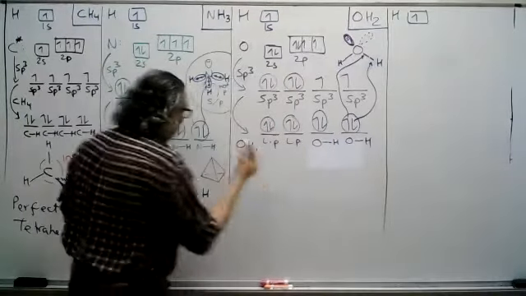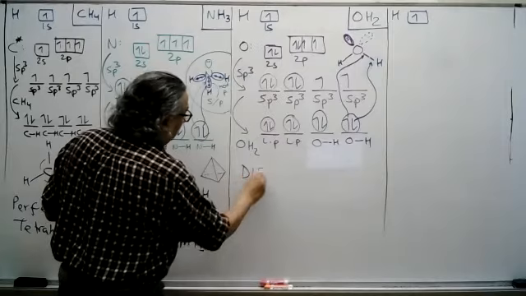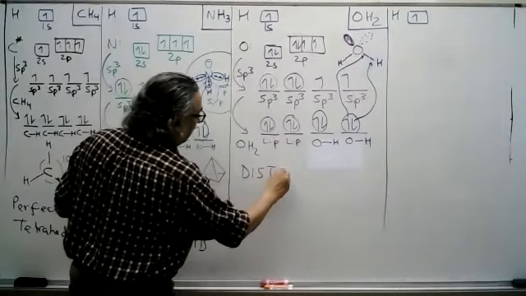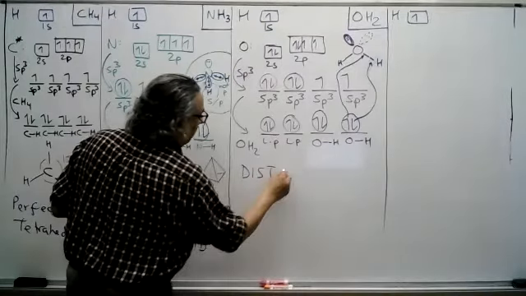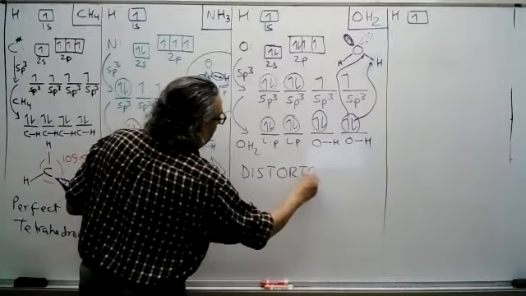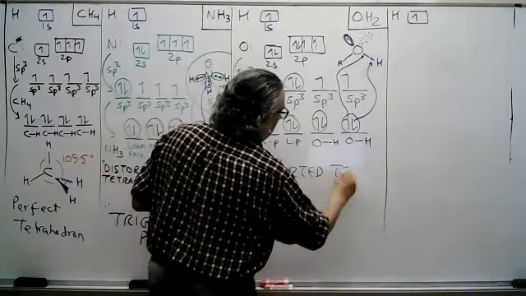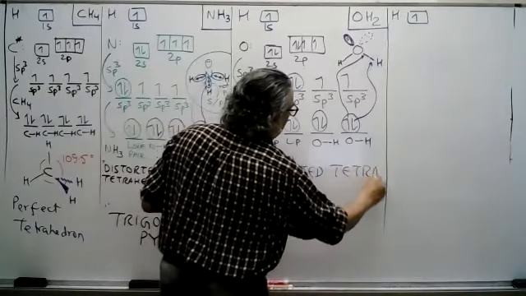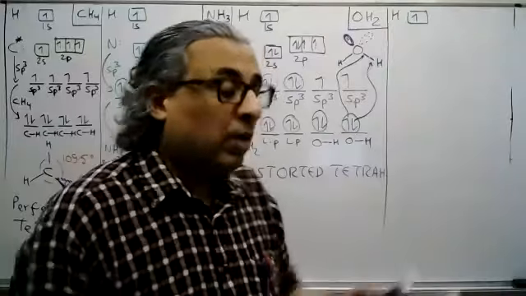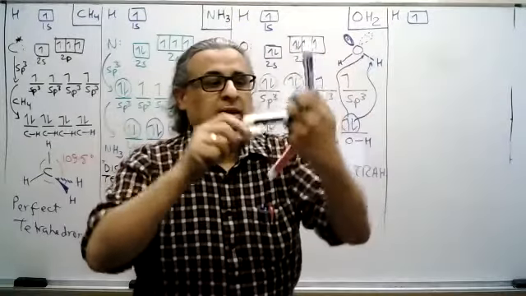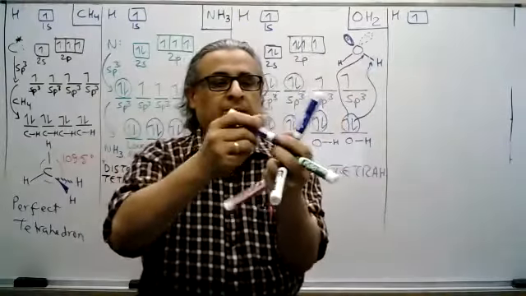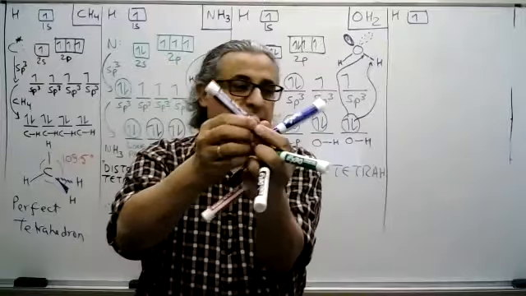One more time, you can call it distorted tetrahedral. You can cheat. Distorted tetrahedral, or if you ignore the lone pairs, what shape comes to your mind? Bent, or what English letter is this?